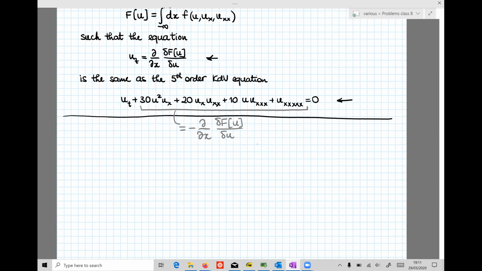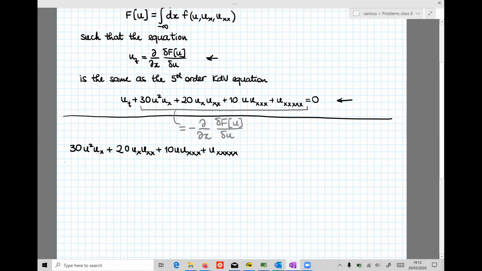Let's write down the expression underlined in gray. The first, second, and fourth term are already total x derivatives, but the third one is not. To express it as a total x derivative, we can do the trick that we do when we integrate by parts. So we write it down as a total x derivative plus an extra term.